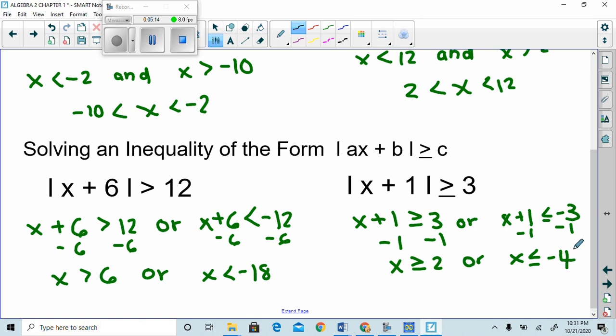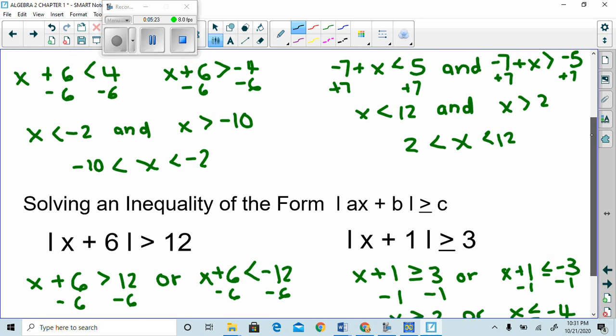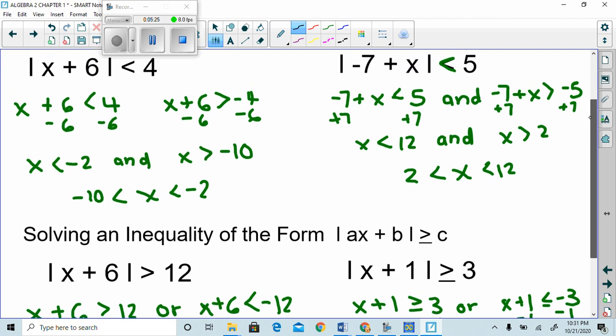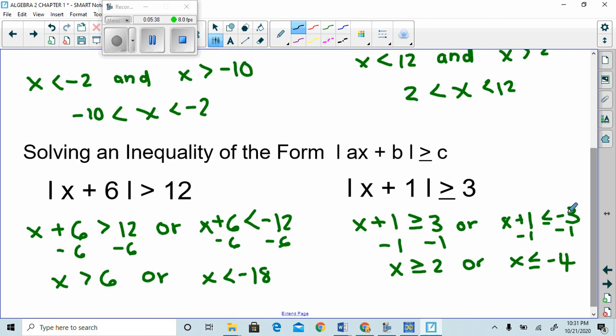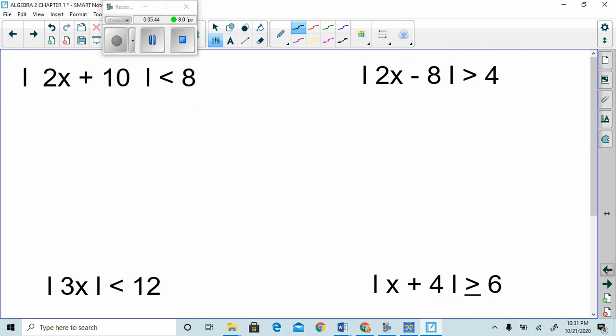So you want to start off by remembering you're going to reverse your symbol and change your sign. Then you have to look at which type it is. If it's the less than symbol, then we're going to get the AND type of situation. If it is a greater than or equal to, it will be the ORs going in opposite directions. We'll just take a look at one or two more problems.